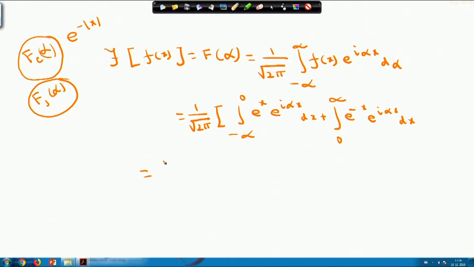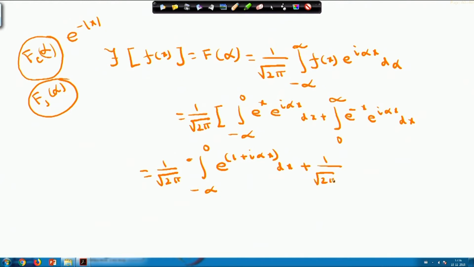So, this equals, I can write down 1 by root 2 pi into the integral from minus infinity to 0, I can make it e power 1 plus I alpha into x into dx, plus 1 by root 2 pi.